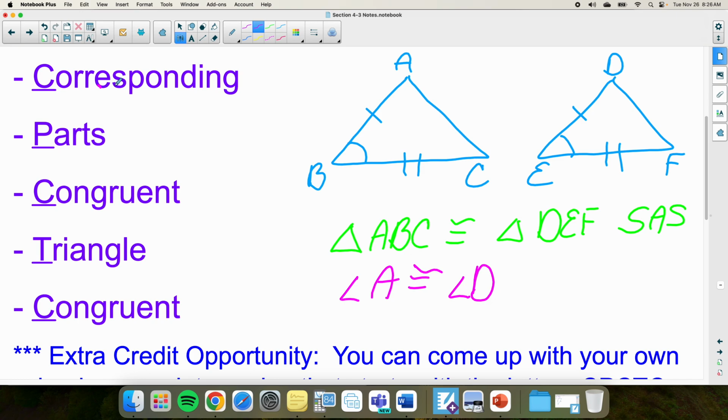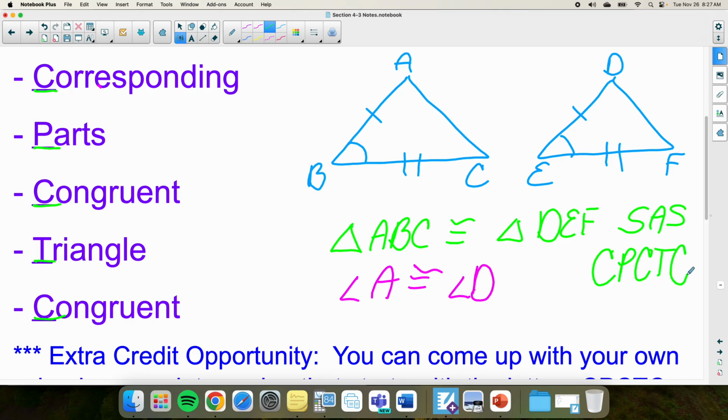And sometimes you have to write that whole thing out, but people, geometry teachers, I guess, have come up with an abbreviation for this. So instead of writing the whole thing out, what we do is we write out CPCTC. So that would be our reason right here, okay? Now that even can be hard for kids to remember.